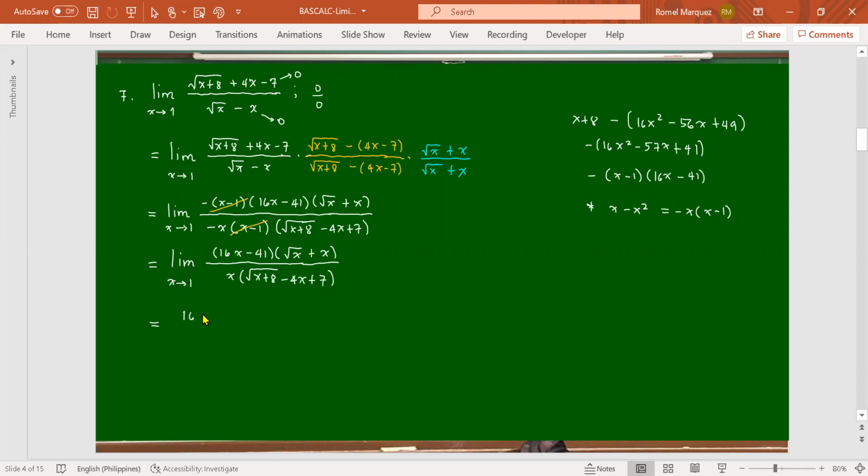16 times 1 is 16 minus 41. Paki-simplify guys ha. 1 plus 1 all over 1 times 3 minus 4 plus 7. This is 9. So 3 minus 4 times 1. What is the simplified form, guys?